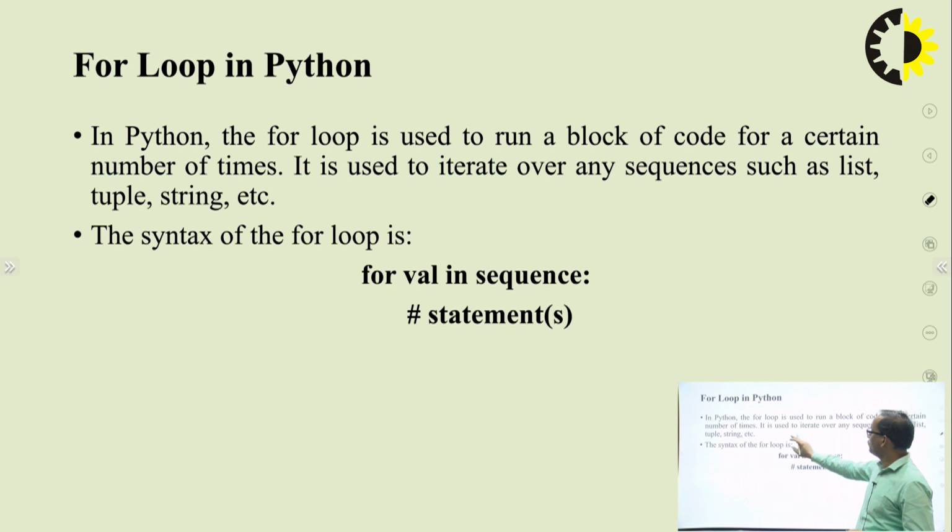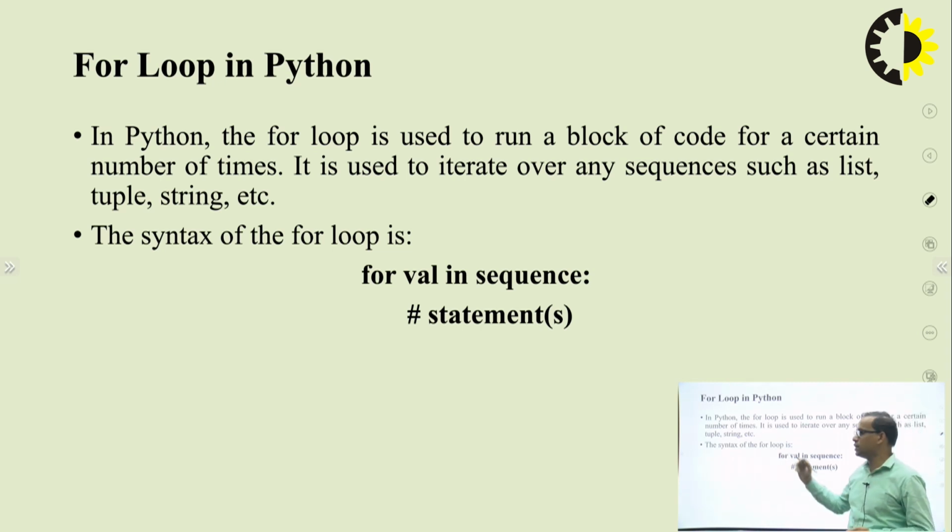The for loop is basically used to iterate over any sequence such as list, tuple, string. If we have to traverse a list, a dictionary, a string, or a tuple, for that purpose we can use the for loop.